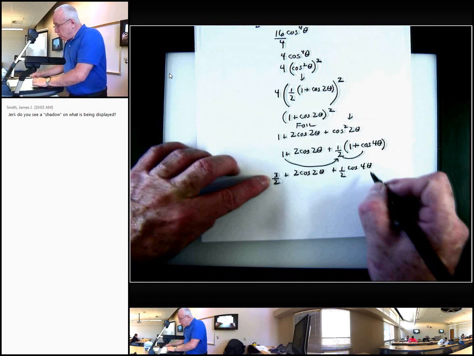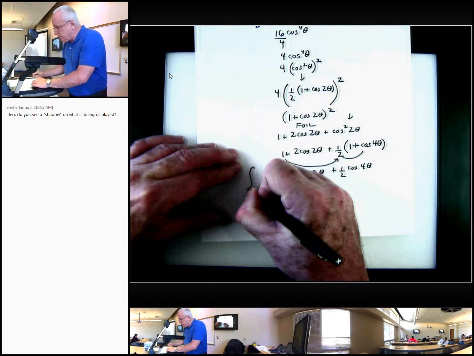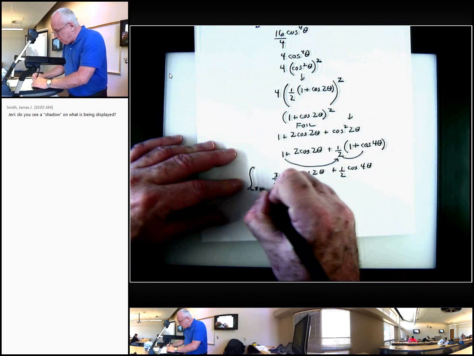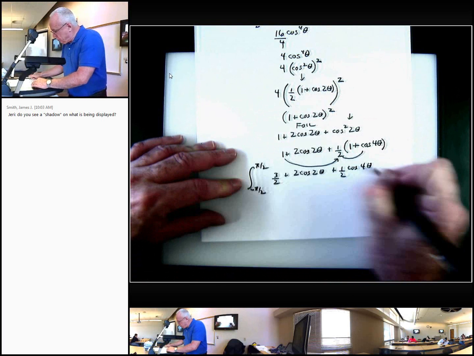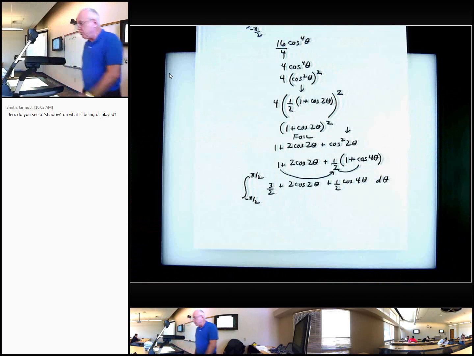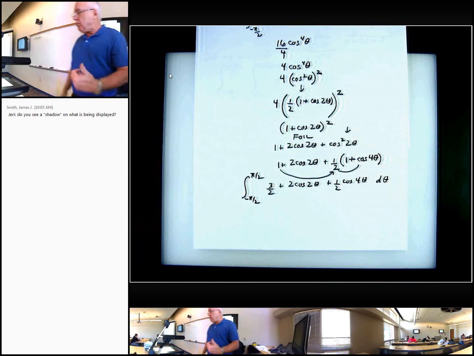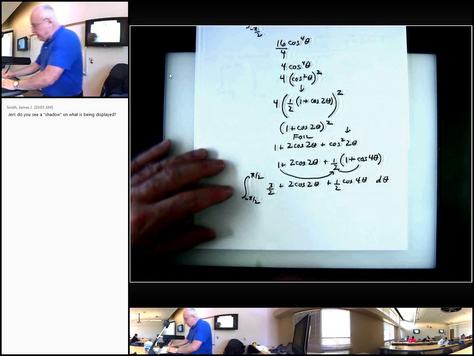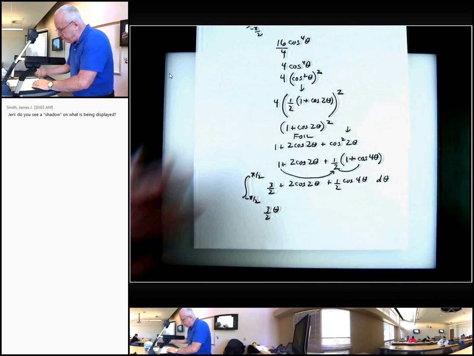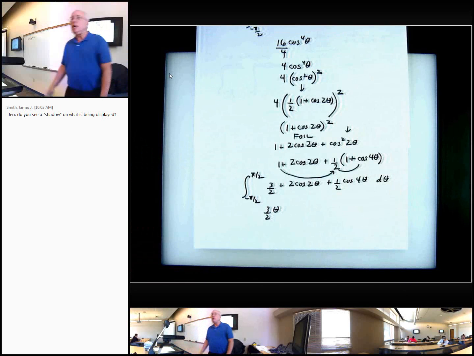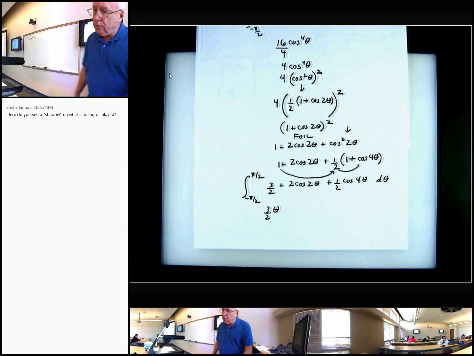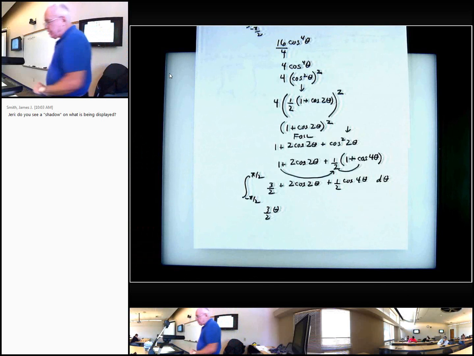So this is with minus pi over 2 to pi over 2 d theta. That's what we're doing here. 3/2, that's just going to be 3/2 times theta. 2 times the cosine of 2 theta is going to become what?